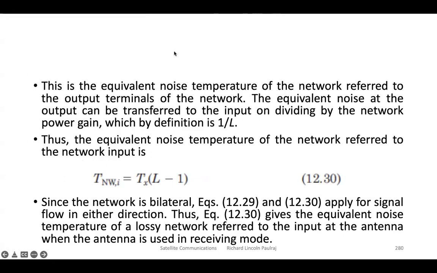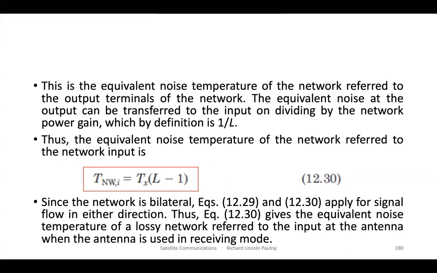Basically here you have to remember the formulas. Since the network is bilateral, whatever equations we saw, which is 1 minus 1 by L, and this equation here apply for signal flow in either direction. Since it's bidirectional, input can act as output and output can act as input. Whenever we are dealing with antennas with respect to satellite, as I mentioned, they cannot just act as transmitters or just as receivers, they act as both.